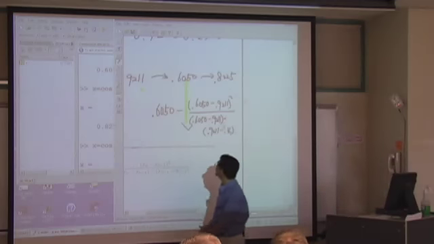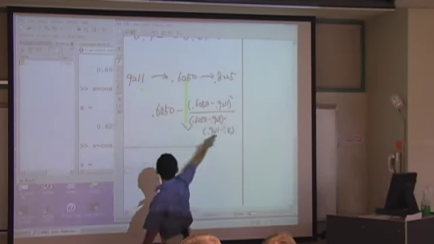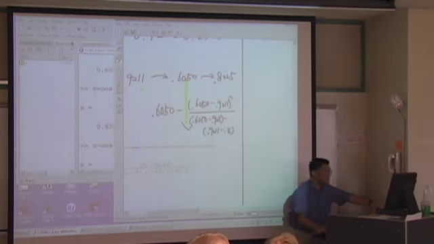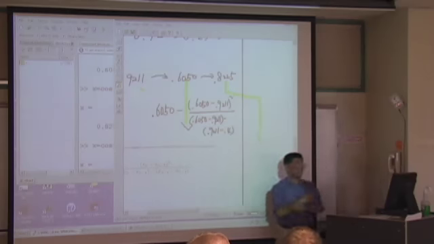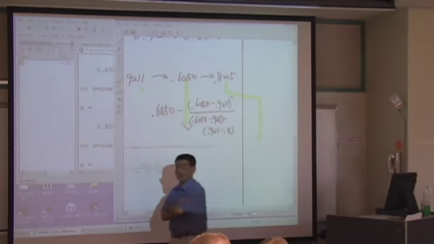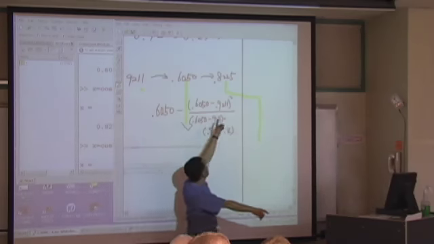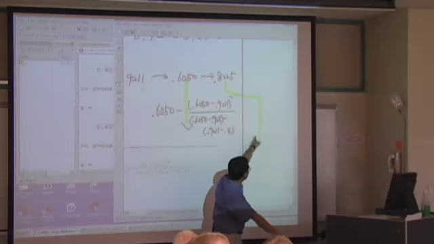I want to make sure you can find the next number. This is one number, and please find the next number aligned to this number. These are called Aitken extrapolation. So please find the Aitken extrapolation related to this number.